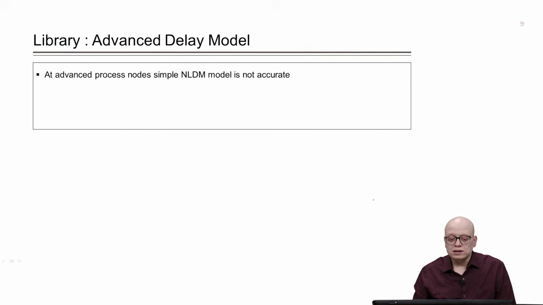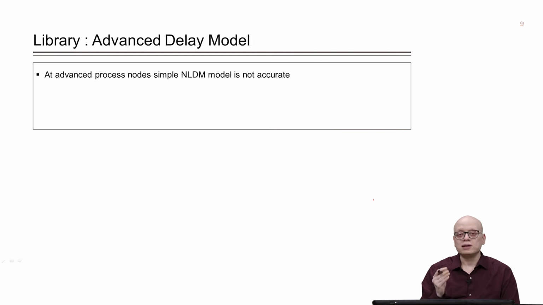Now, the modeling of delay and slew that is done using the NLDM model is not always accurate, especially at the advanced process nodes. There is a significant accuracy loss, and there are many reasons for that. One of them is that in the NLDM model, we are assuming that a cell drives an output which is totally capacitive.